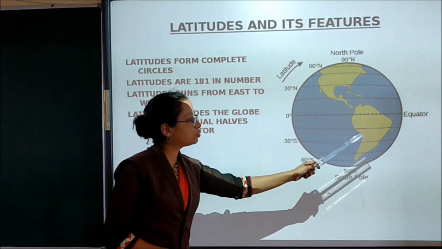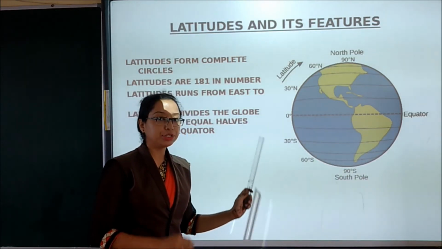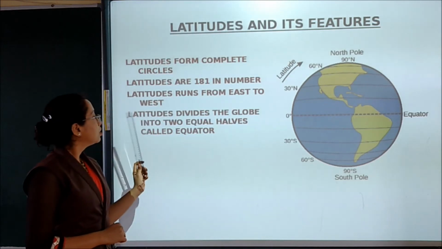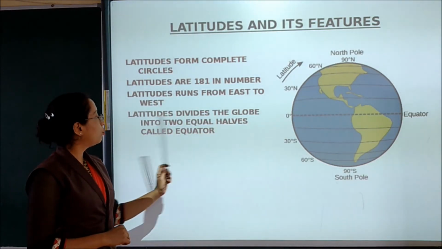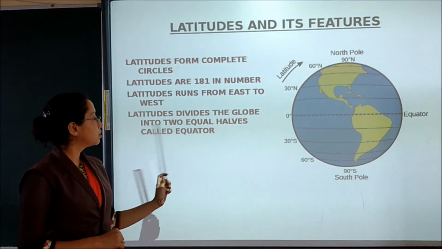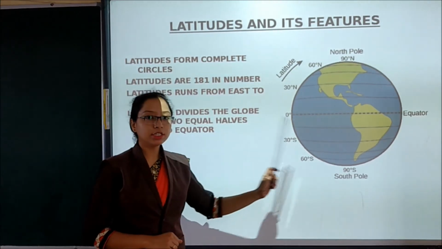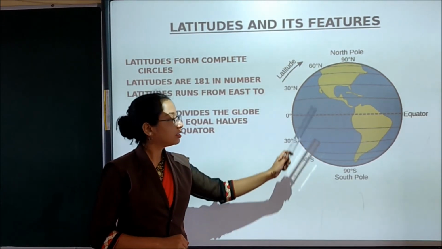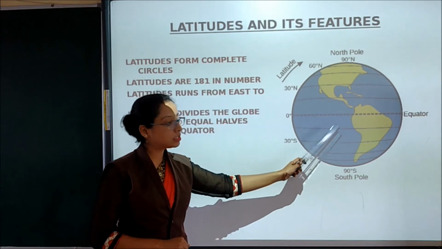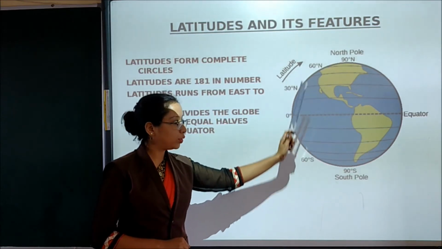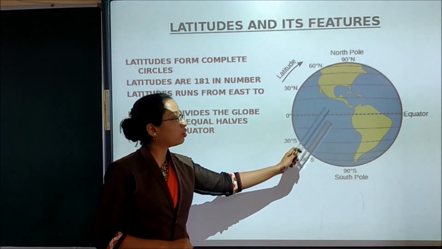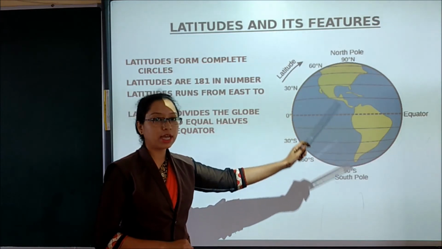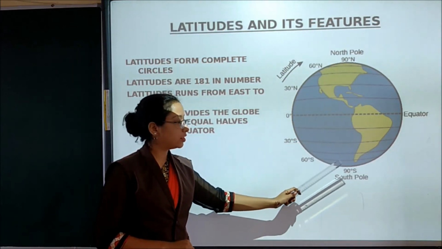So from east to west direction, the latitudes are running. Latitudes divide the globe into two equal halves called equator. This also we have done earlier, that the equator divides the earth into two equal halves, that is called the northern hemisphere and the southern hemisphere.